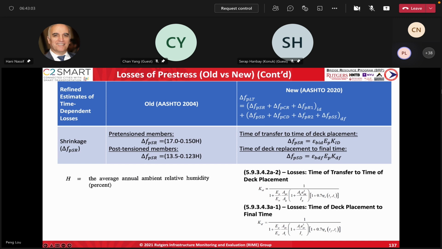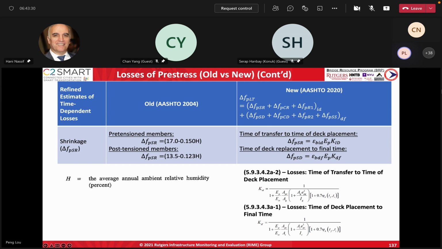Those are the three major things we consider here. For the old losses, it depends more on the H parameter, the average annual ambient relative humidity, while the new losses have a more refined, complicated equation. I didn't put all the notation here.